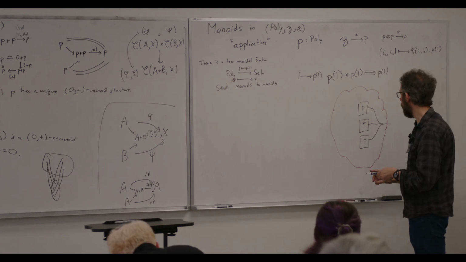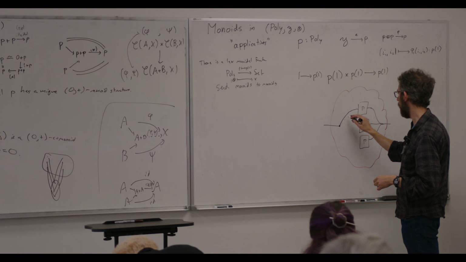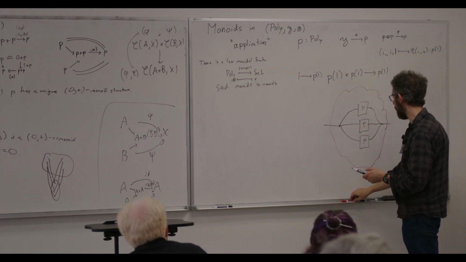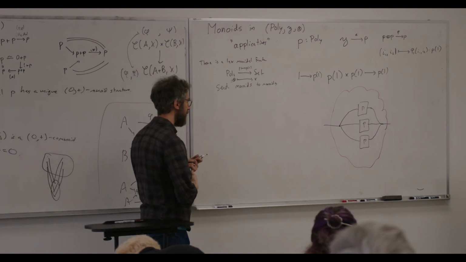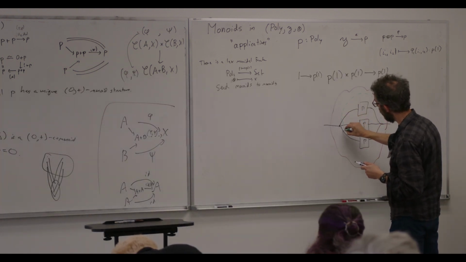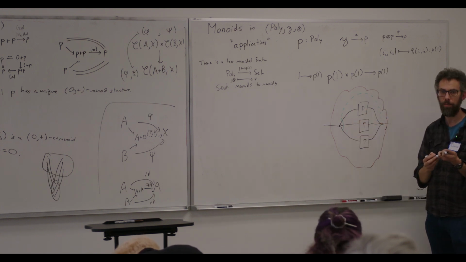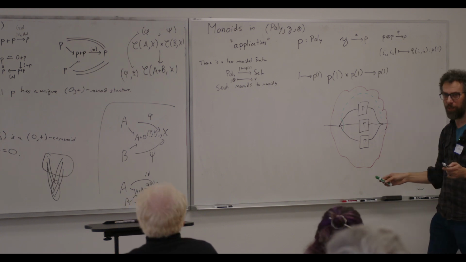You can take inputs and use the outputs to decide how they get their next input. What I probably need to do is give you an example of one of these things.